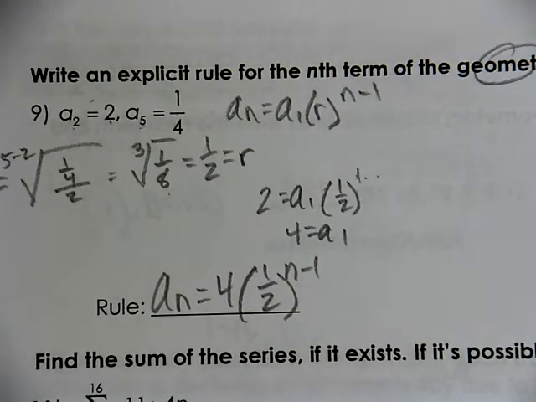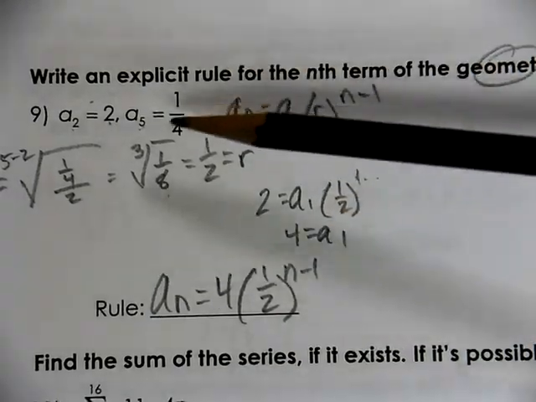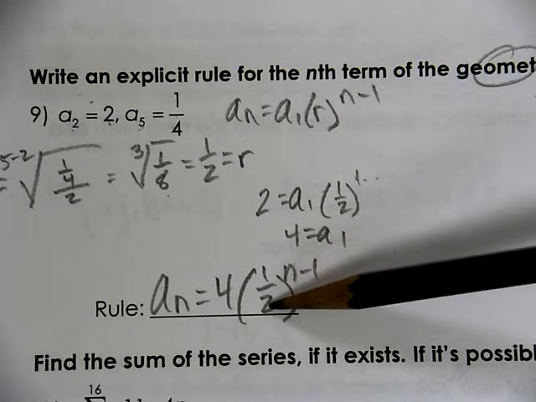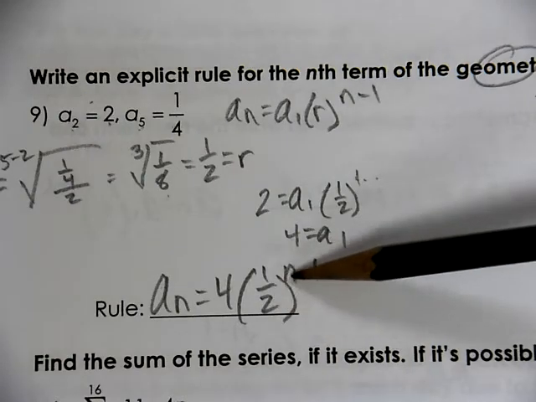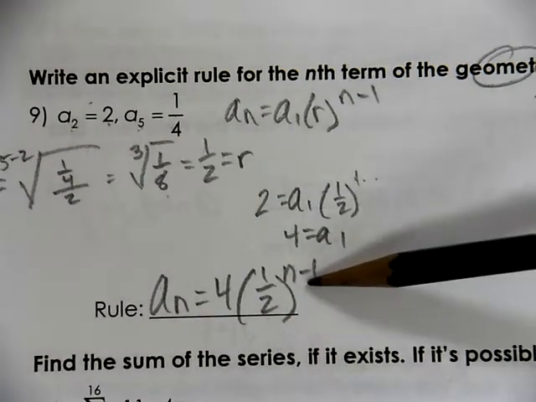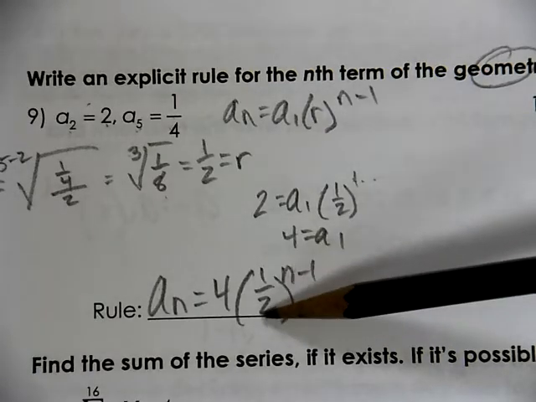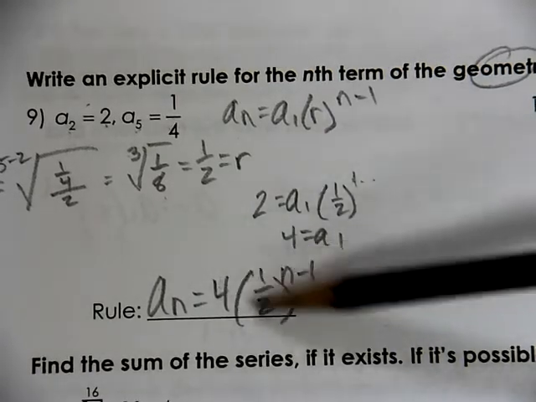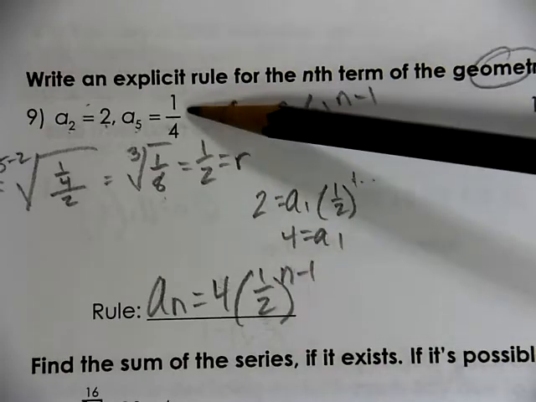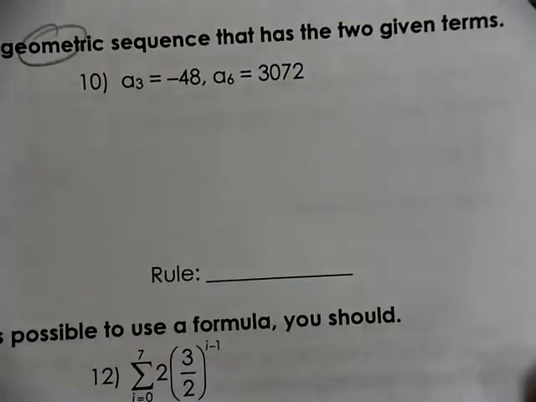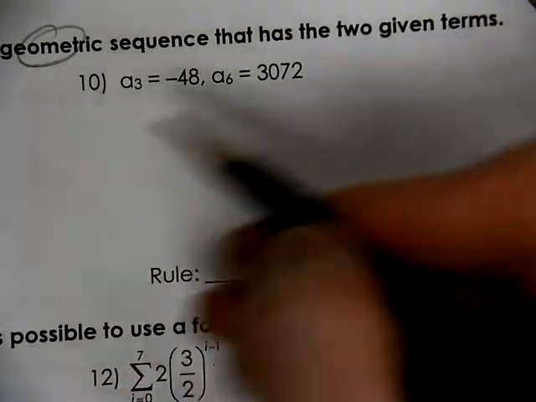And we can test that. When we plug in a 5, we get 5 minus 1, which is 4. And 2 to the 4th power is 16. So 1/16. The 16 and the 4 can cross off to make 1/4. Perfect. Always check your answers.